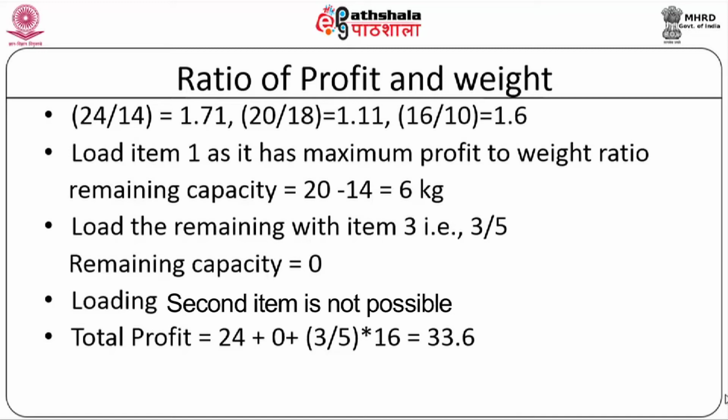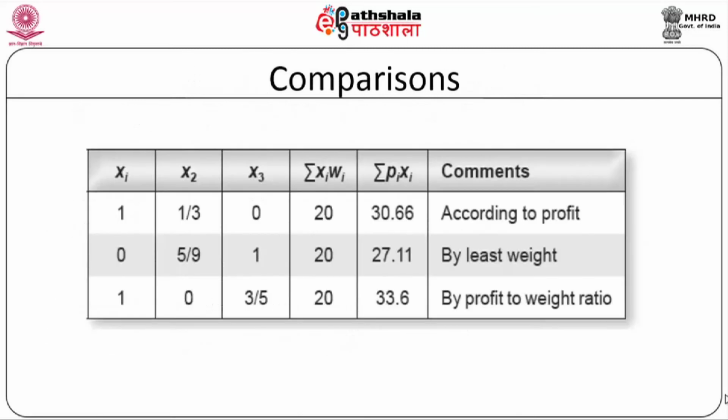Therefore, I am loading item 1. So, 20 minus 14 is 6. The next item where profit to weight ratio is high is item 3. Therefore, for the remaining capacity of the knapsack, I am filling it with 3 by 5. So, loading of item 2 is not possible. In this case the total profit is going to be 33.6.